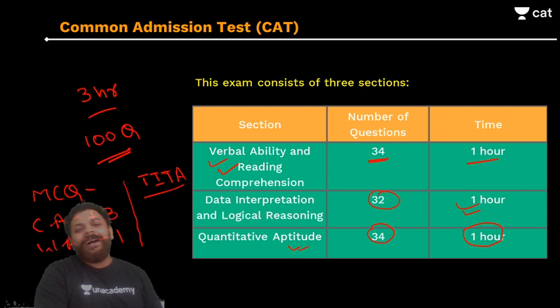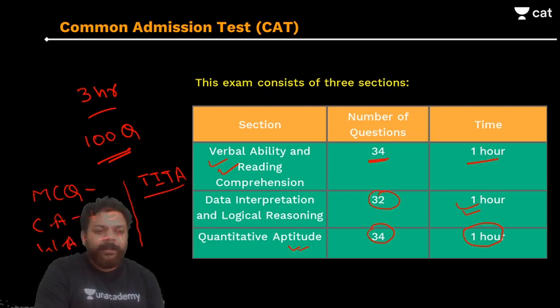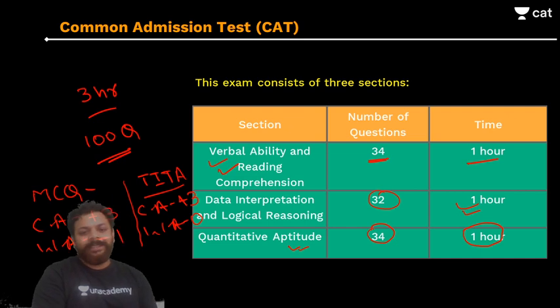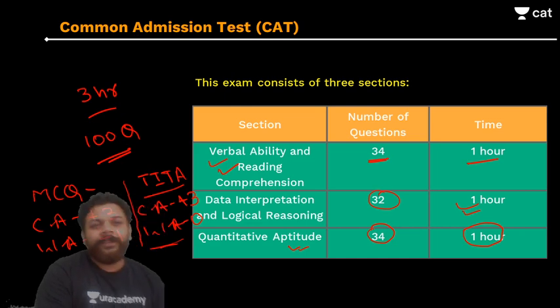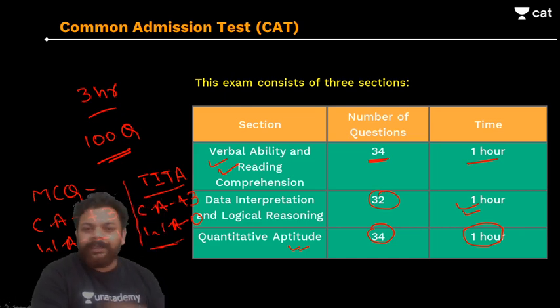You have to type the answer in a fill in the blanks type. So for each correct answer you will be getting 3 marks, and for each wrong answer nothing will be deducted. So there is zero deduction in that. So this was the overall view of CAT and the sections of CAT.